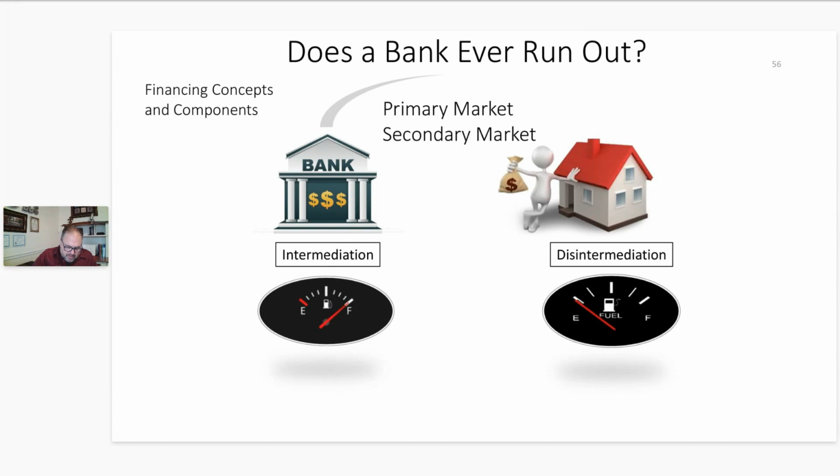Okay, so we got 5,000 banks times 10 loans a month, 50,000 times 0.01. Wait, I got that wrong. Hold on one second. 5,000 banks times 10 loans, so we got 50,000 loans going out.